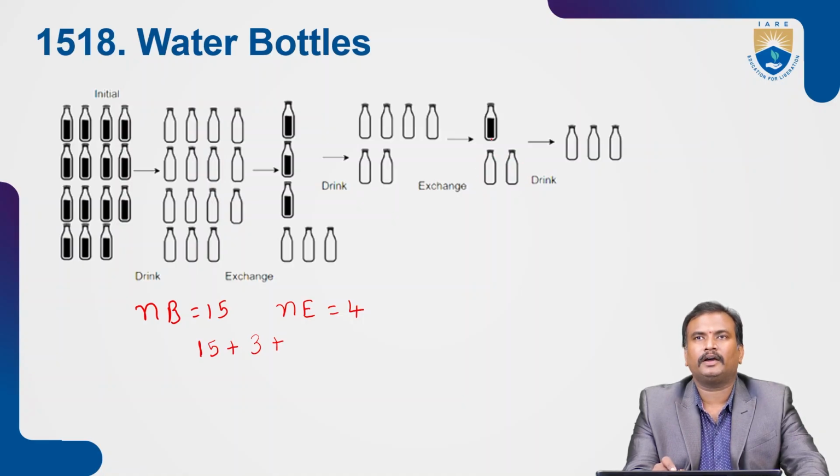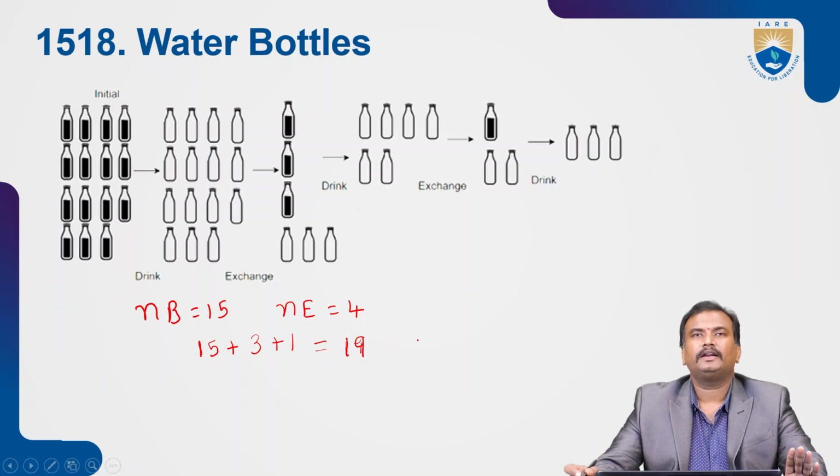This bottle we need to add to the drunk bottles, and then finally we are having 3 empty bottles. We cannot exchange 3 empty bottles. So our value will be 15 plus 3 plus 1, that is 15 plus 3, 18, plus 1, 19. So this is our question what we need to do.